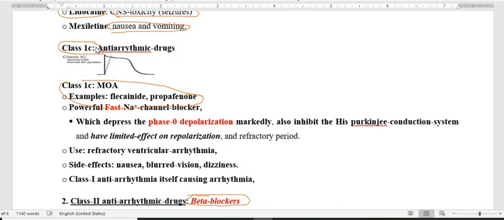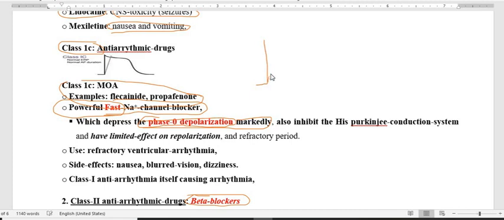Similar to class 1B, they are also sodium channel blockers, but 1C is a powerful, fast sodium channel blocker, so it inhibits the phase 0 depolarization and prolongs it, because the sodium ion entry gets inhibited.